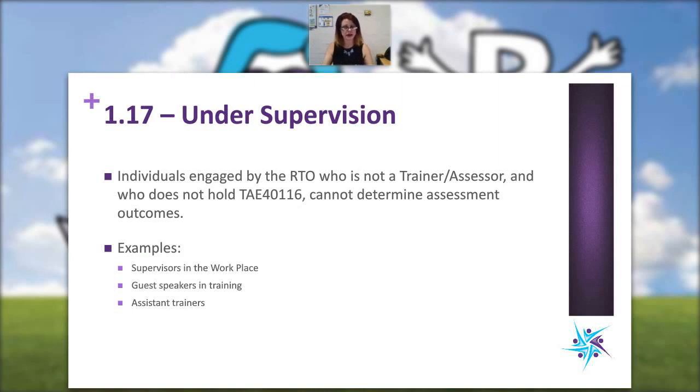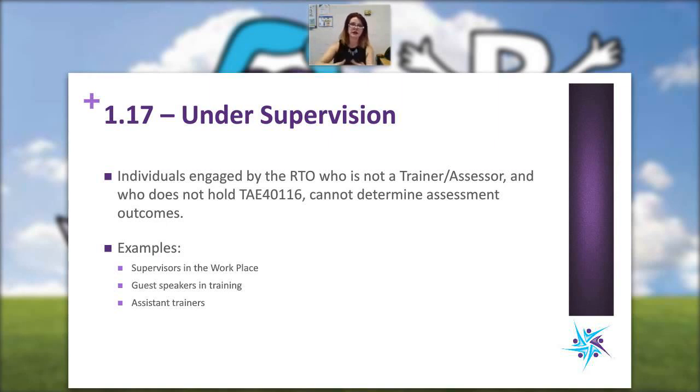If you engage anybody in your RTO who is not a trainer assessor, i.e. they don't hold the TAE40110 or 416, they cannot determine an assessment outcome. They don't hold the qual, so they cannot determine an assessment outcome. For example, it might be a supervisor in the workplace who might be marking off third-party reports or observations in the workplace, but they're not signing off on training and assessment.